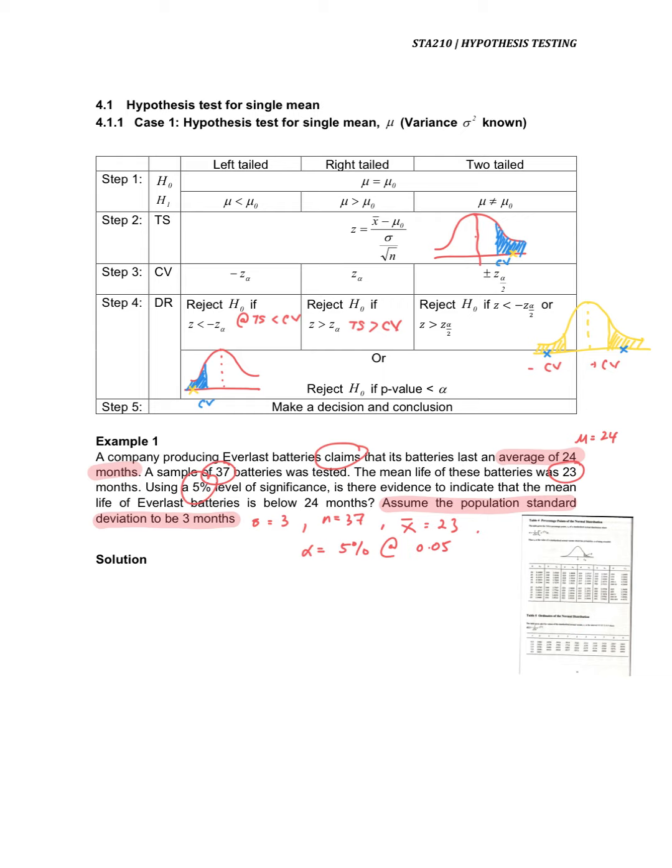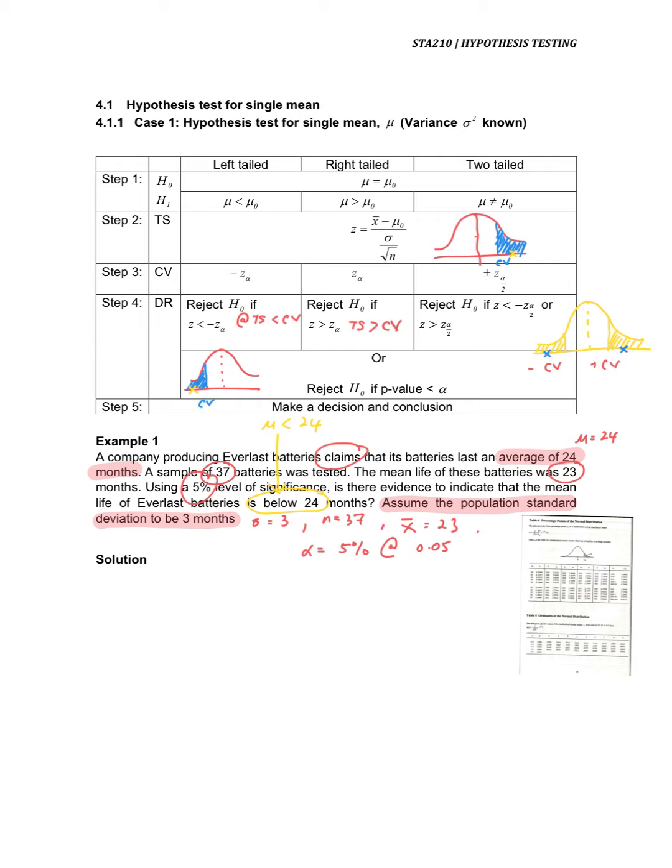Here you can see the words below 24 months, meaning we want to test whether the mean is less than 24 months or not. So let's go step by step.